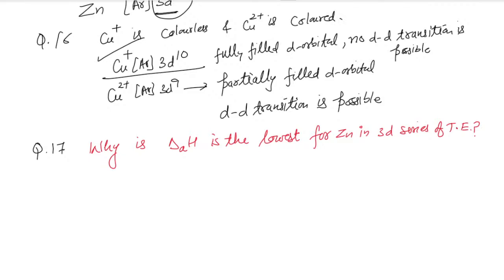Yes beta, tell me. Why is enthalpy of atomization the lowest for zinc in the 3d series? Because of atomic size? Is it so?